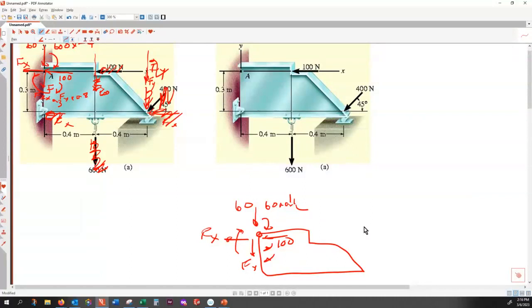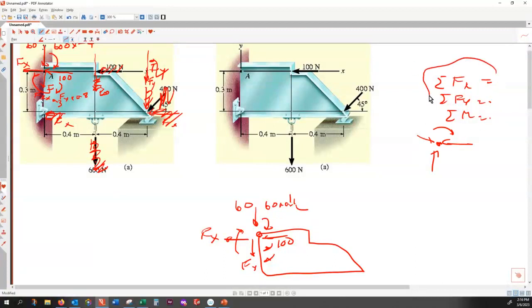How is a particle at equilibrium? A particle is at equilibrium if the net force horizontally is equal to 0, net force vertically is equal to 0, and net rotation is 0. That was for a particle, right? So for this particle, no matter how many forces and moments are here, their net value should be 0.